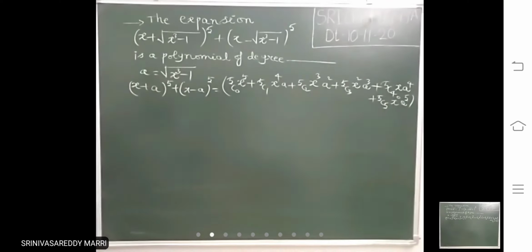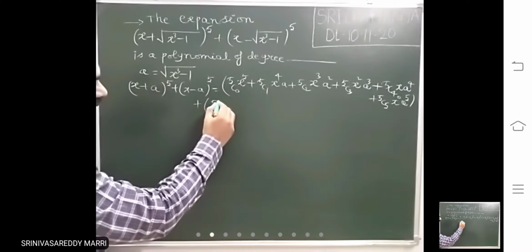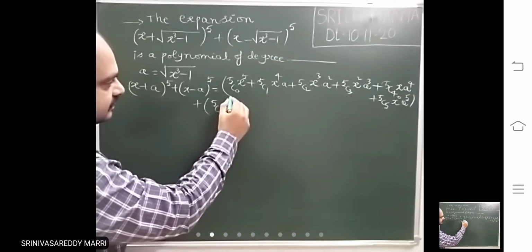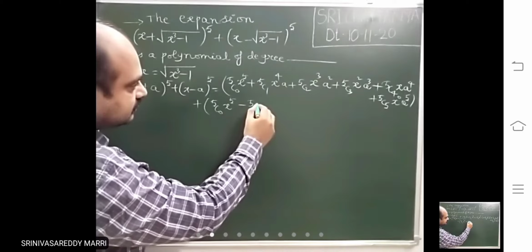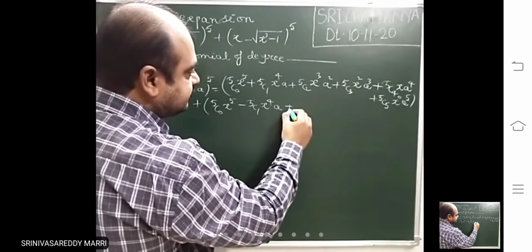So this is the first expansion, and then for x minus A, you will get alternate plus and minus signs.